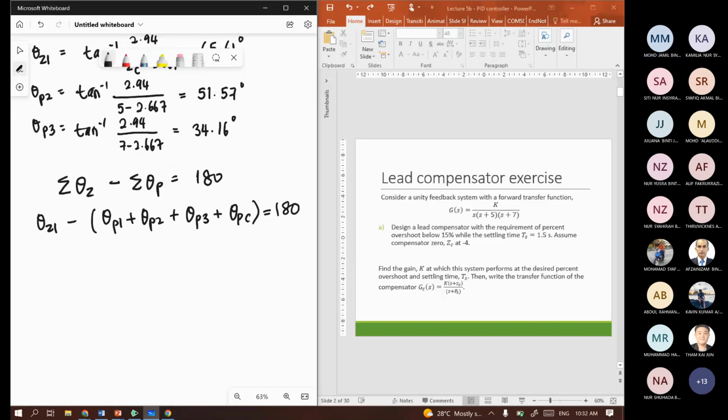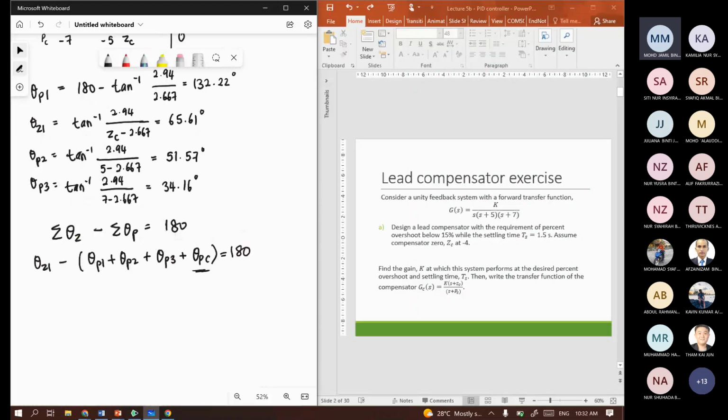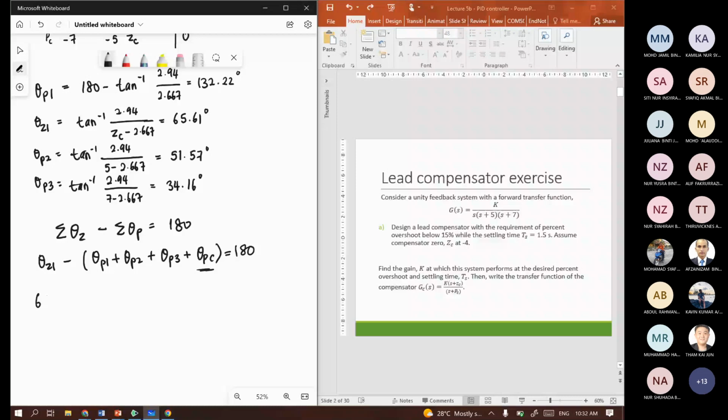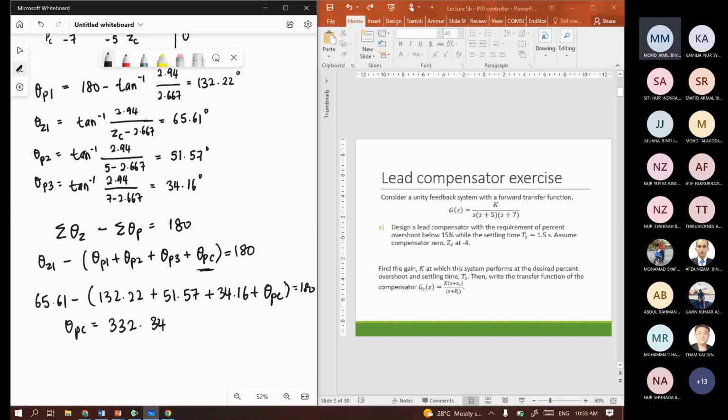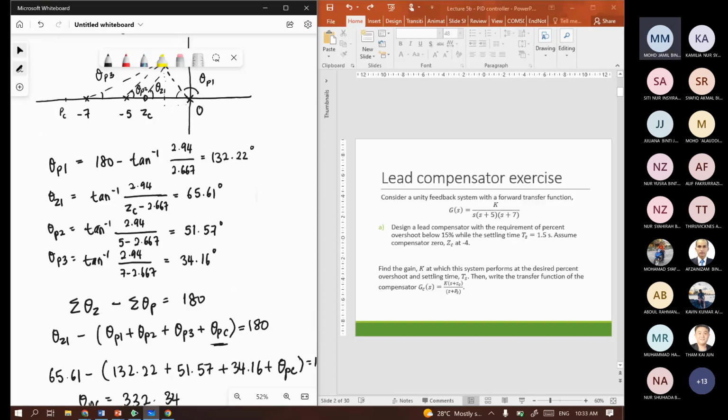We want to find this value, so just substitute the calculation that you have done. So you get theta PC equals 332.34.